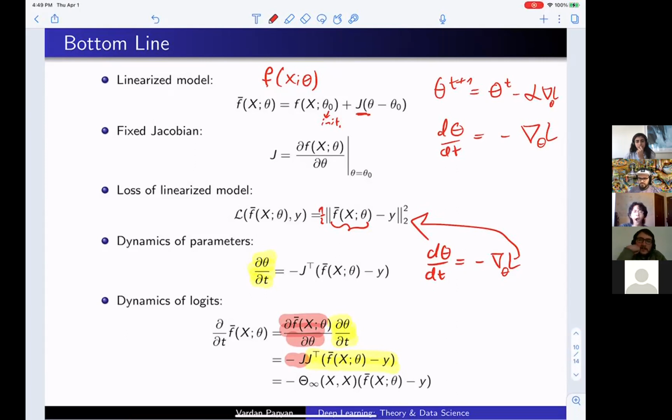Okay, thanks. So does anyone see why any of this is interesting? Why is this perspective of linearization useful? Generalizes to infinite width. Not sure what you mean, Jack. What does it mean, generalizes to infinite width?